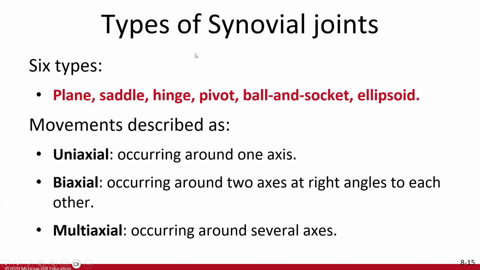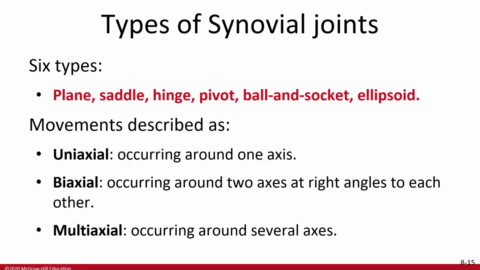All right, our synovial joints allow the most movement, and so we have some different shapes to these. Not all of our joints move exactly the same, and that's because they have different shapes. One of the words that you'll see with each shape is uniaxial, biaxial, or multiaxial.